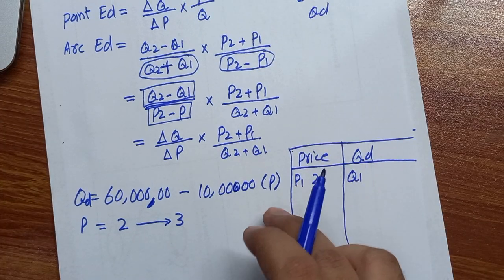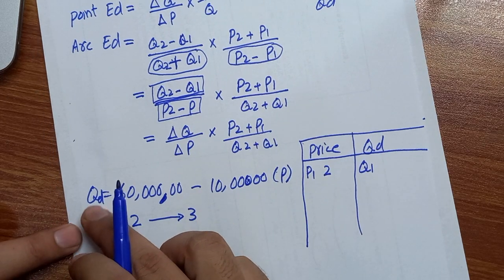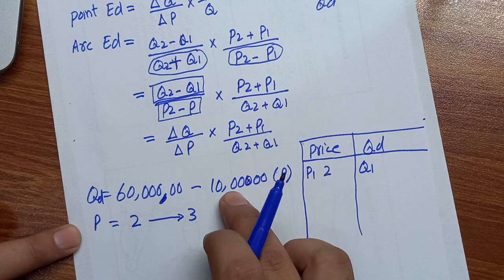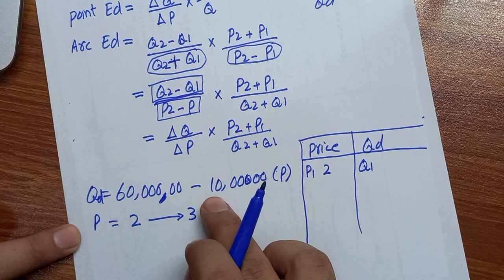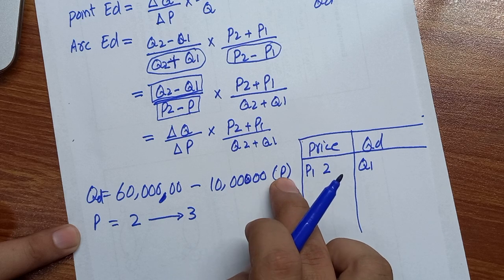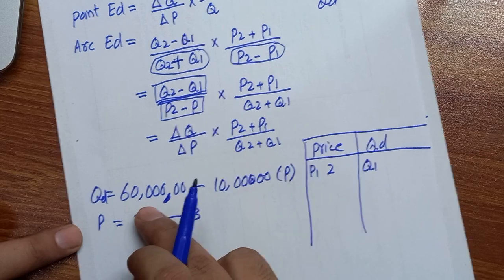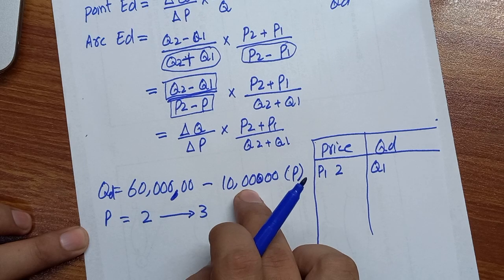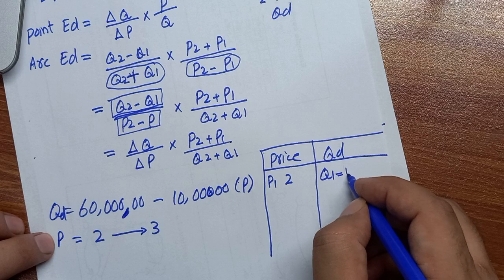So when we put 2 here, we will find the quantity of demand. So 2 multiplied by, this is actually 1 million. So 2 multiplied by 1 million, it will be 2 million. And here we have 6 million. Subtracting 2 million from 6 million, we will get 40 million.